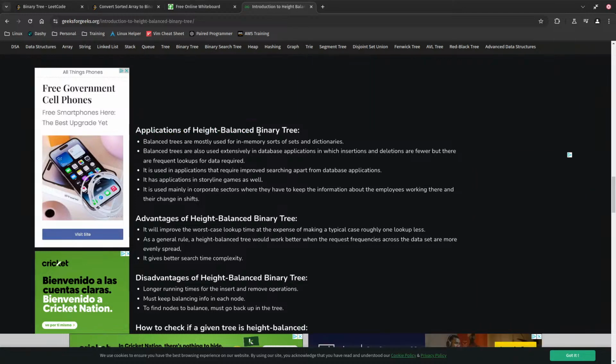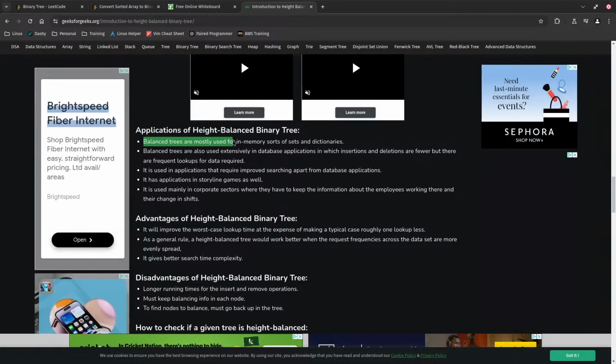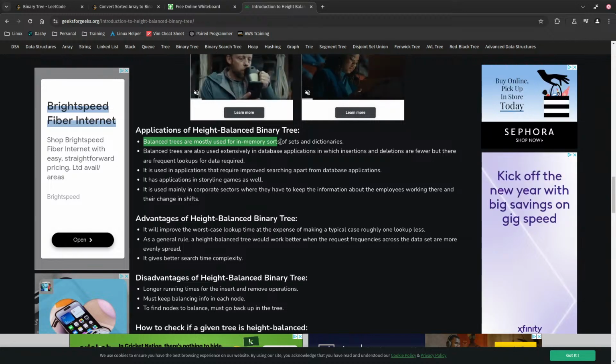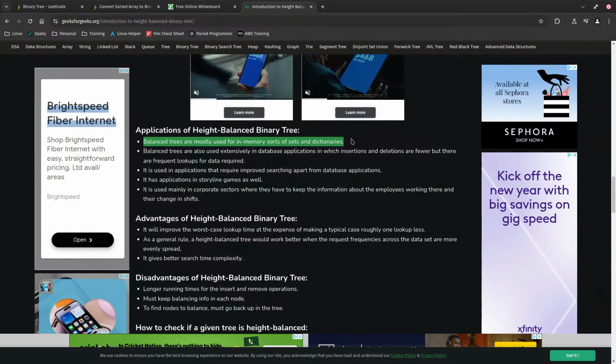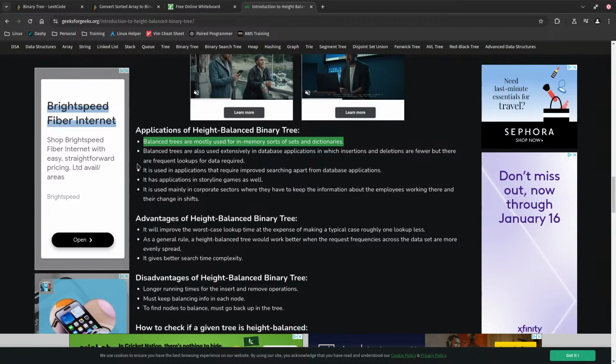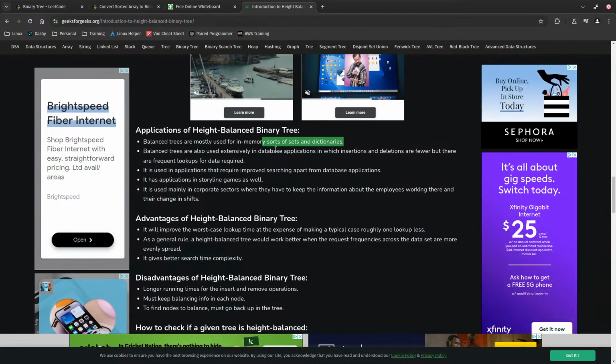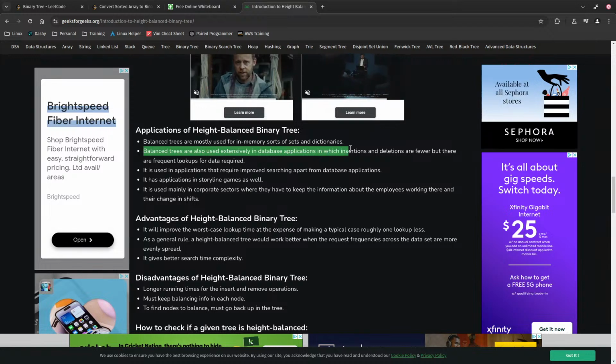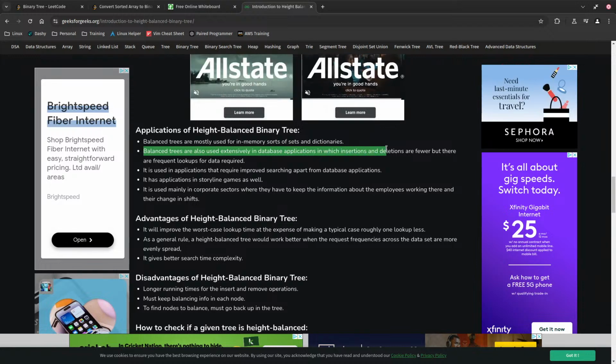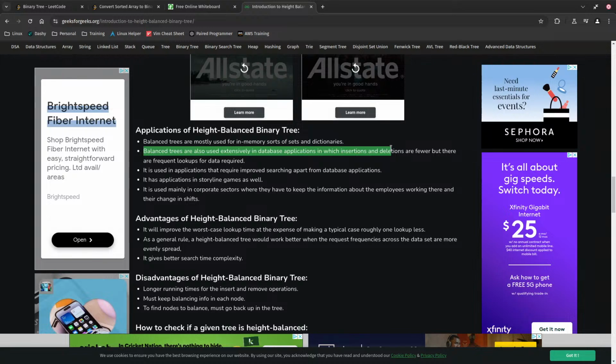Applications of height balanced binary trees: they are mostly used for in-memory sorts of sets and dictionaries. Balanced trees are also used extensively in database applications in which insertions and deletions are fewer but there are frequent lookups for data required.